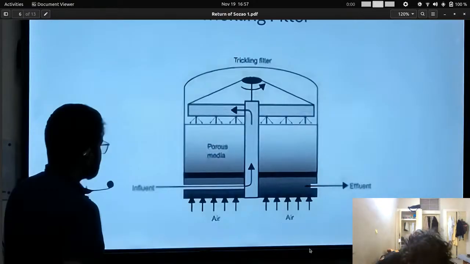So this is influent. This is gonna be effluent. Water comes in and basically defies gravity and goes up. Must be a pump or something here. Where is air going? Is this a porous medium? Yeah, it's porous, so of course air can go in.